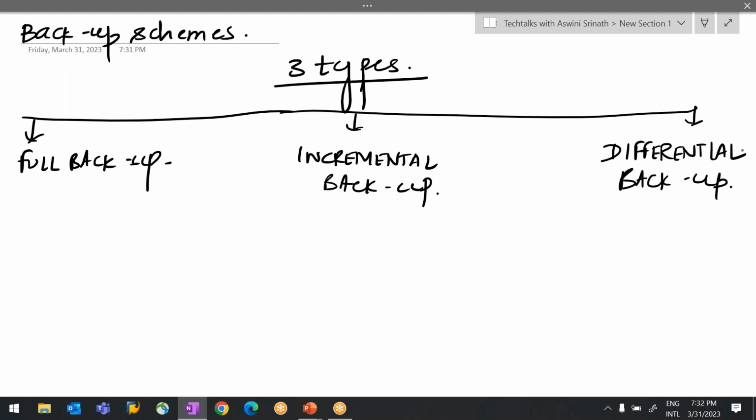So what does full backup mean? As the name suggests, all the files and folders and data are backed up. That is what is called full backup.